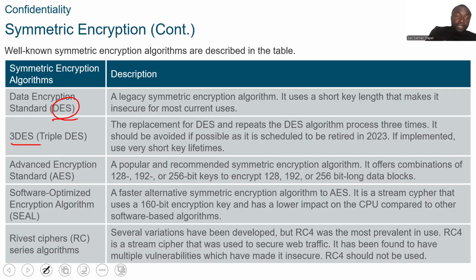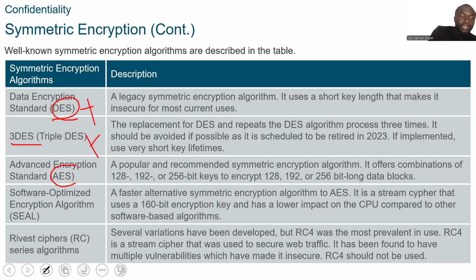It's a replacement of Data Encryption Standard, but it repeats the DES algorithm process 3 times. That is what it does. Okay, it should be avoided if possible, as it is scheduled to be retired in 2023. But we are in 2024. So if replacement, use very short key lifetime, so this is outdated.